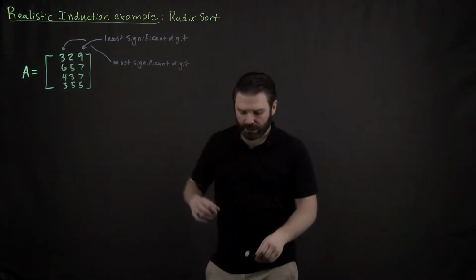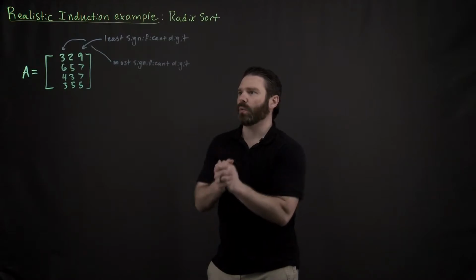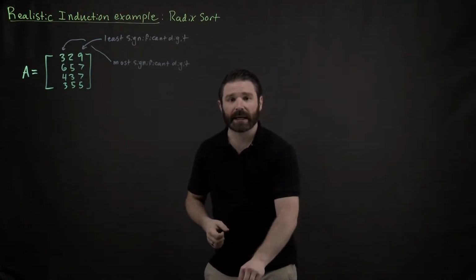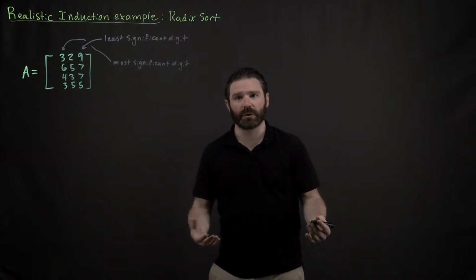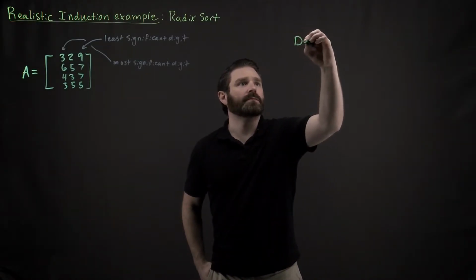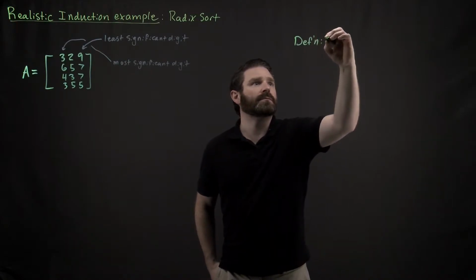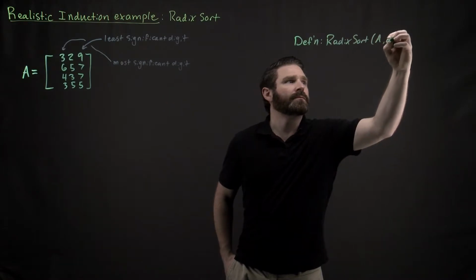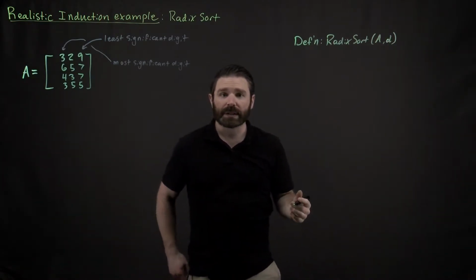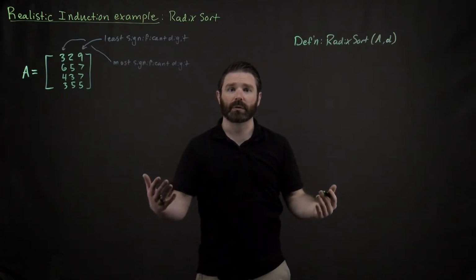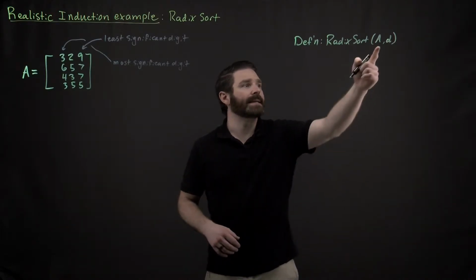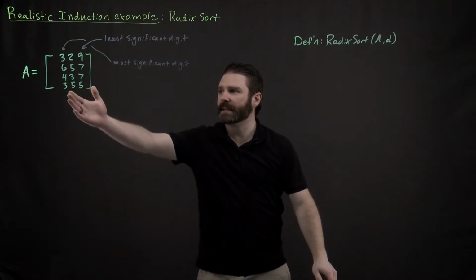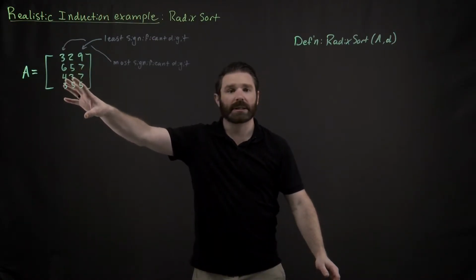So how does radix sort actually work? Well, the algorithm behind radix sort is defined as follows, and I will write it out in pseudocode. Here, radix sort takes two inputs. It takes in your input array A as well as D. And this D is going to be the number of digits in the largest number in the array.